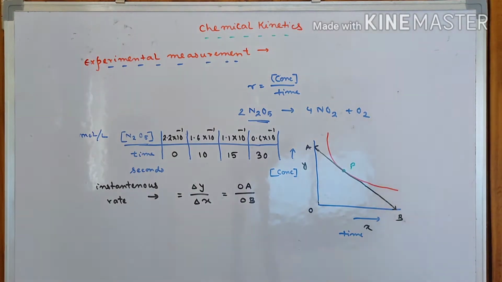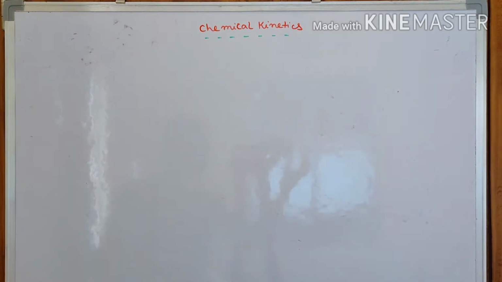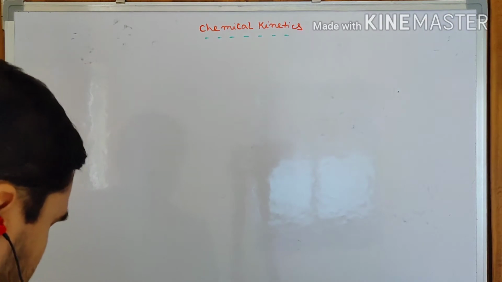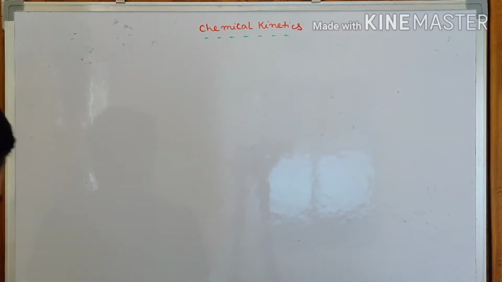So the next topic will be the factors influencing the rate of the reaction. Let us see what are the factors on which it depends. Next one is the factors influencing the rate of the reaction.